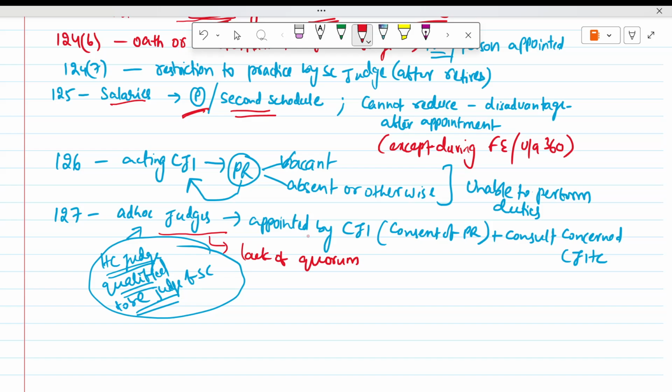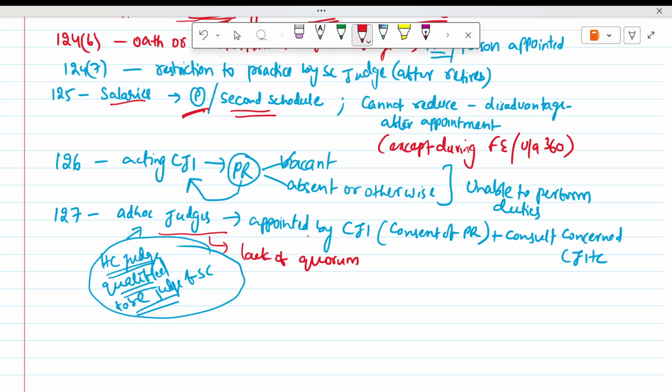He cannot ask just any High Court judge; the judge should have the proper qualification to become a judge of the Supreme Court. They come and work as ad hoc judges in the Supreme Court, but he must also take the consent of the President.